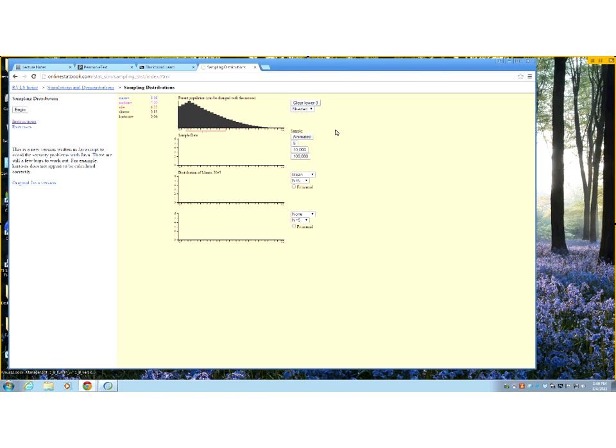All right, so let's see what happens if our population is skewed to the right. All right, there's your first sample. So now the definition said that if our population was skewed to the right, there's a restriction on your sample size. And here my sample size is 5.